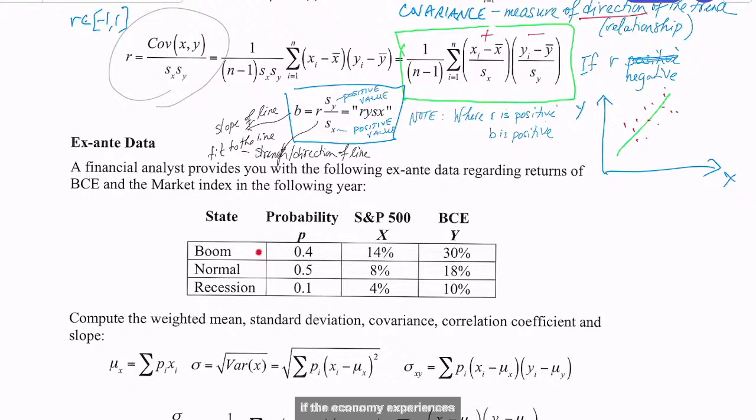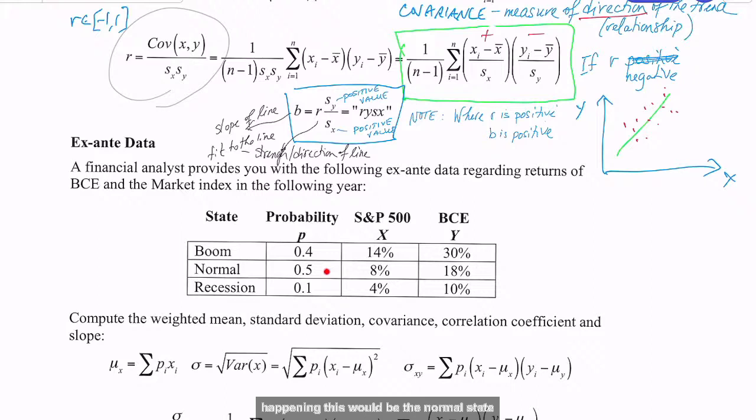If the economy experiences expansion or boom, these are the returns. If the economy is in a normal state, these are the returns. And if we fall into recession, these are the returns for both the market and this particular company's stock. And these are the probabilities of things happening.